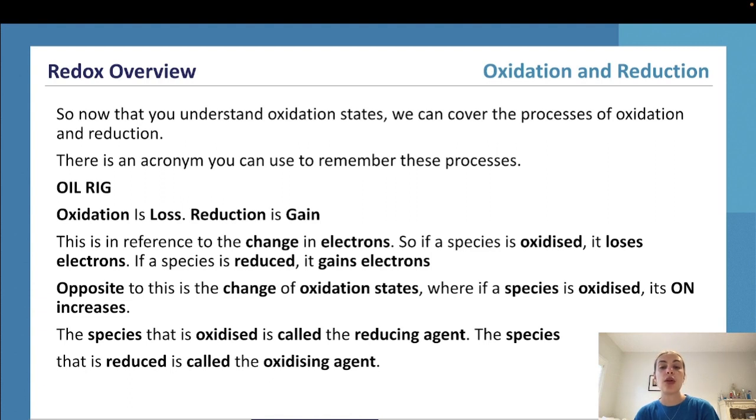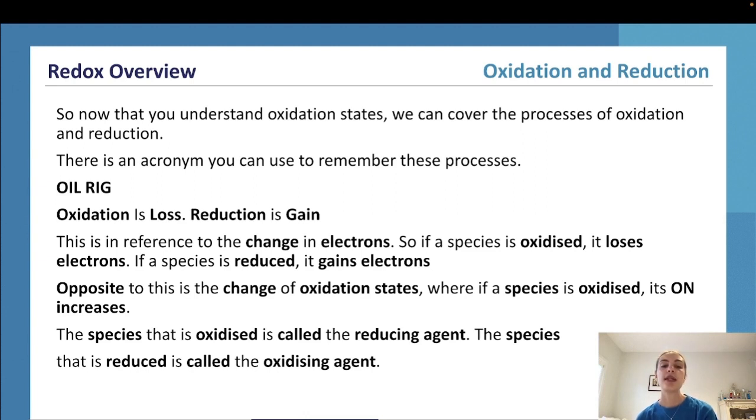If a species is oxidized, its oxidation number is going to increase. For example, you have something with a 2+ oxidation number and it becomes oxidized, it's lost electrons. If it's lost 1 electron, it will become 3+, because electrons have a negative charge. So if you take away an electron, that means you're taking away negative charge, giving the element a more positive charge.